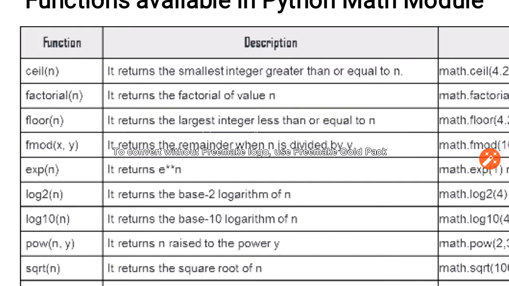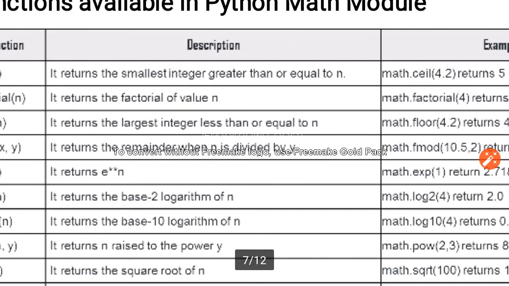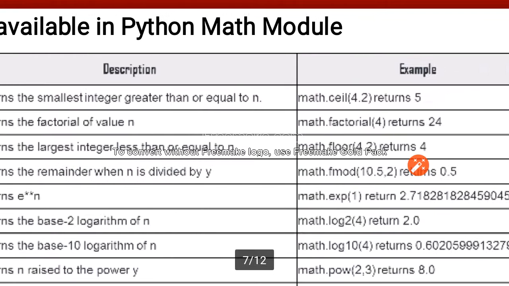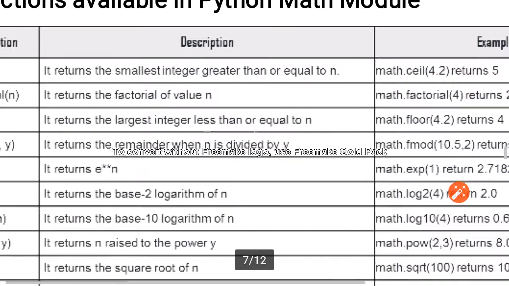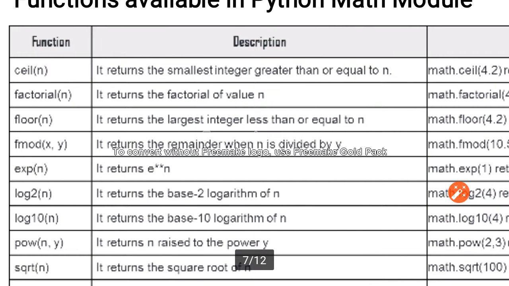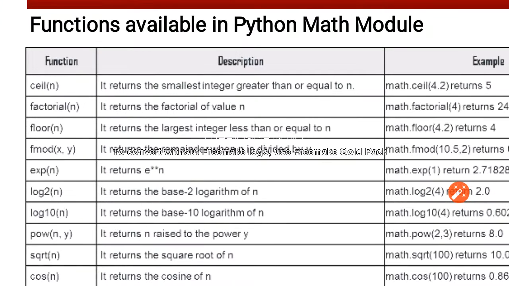If I write math.factorial(4), it will return the value 24. Factorial 4 is 24. Then floor(n): if I write floor(4.2), I will get the output 4. Like this, fmod(x, y).